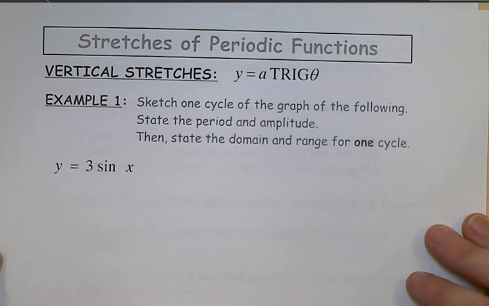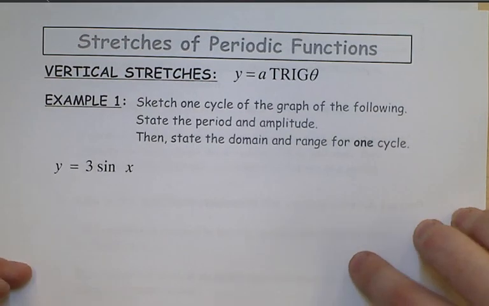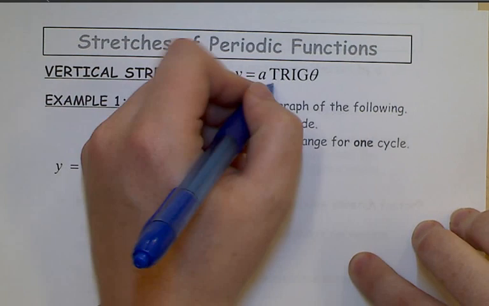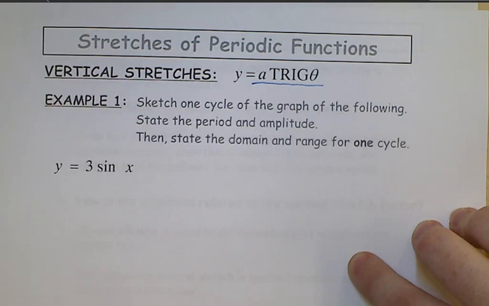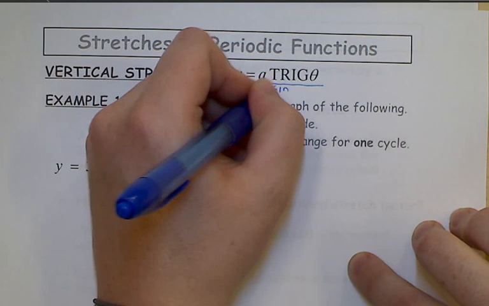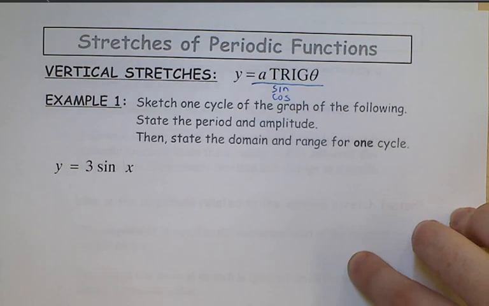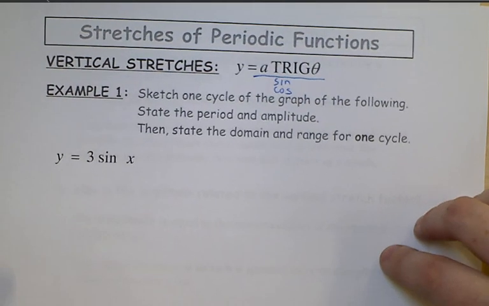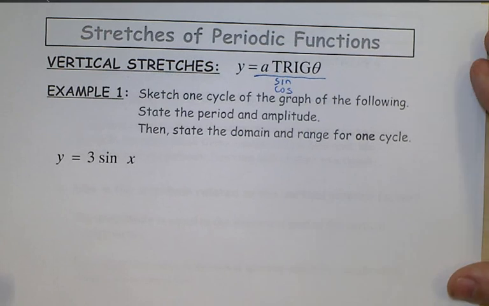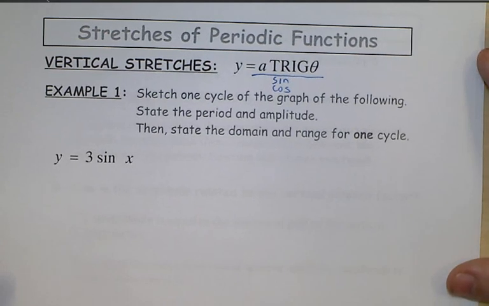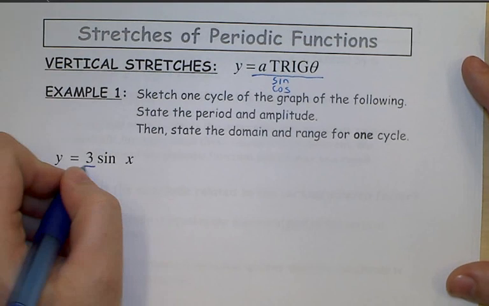Alright, for stretches of periodic functions, for the vertical stretches, the equation looks like this, where trig could be sine or cos, depending on what the question is asking you. And a is the number in front of sine. So, for example, if we ask you to sketch one cycle of the graph, I'm looking at my equation, this is my a value.